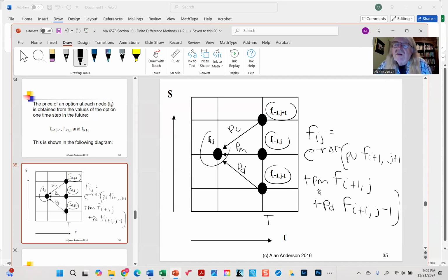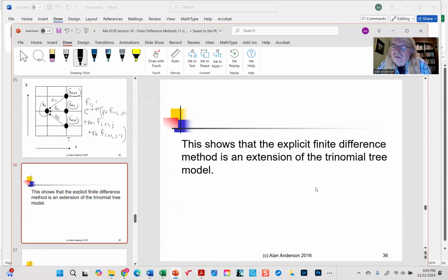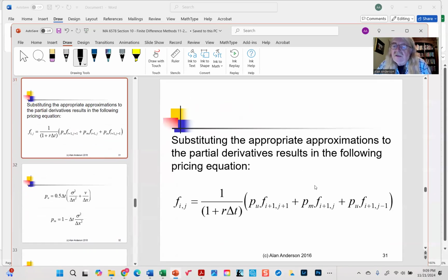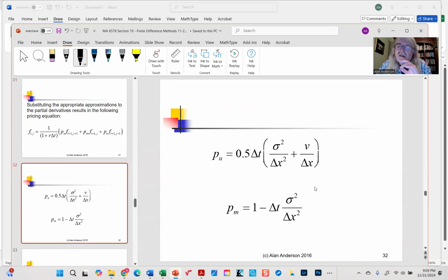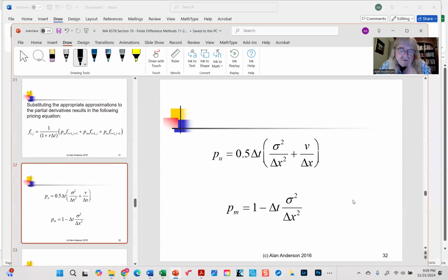So now, of course, because there's more than two branches, we need a new set of definitions for PU, PM, and PD. Okay, so those are here. Now, these are in terms of not the stock prices themselves, but the logs. Remember, X is meant to represent the log of the stock price. So you can see there's no S's in here.